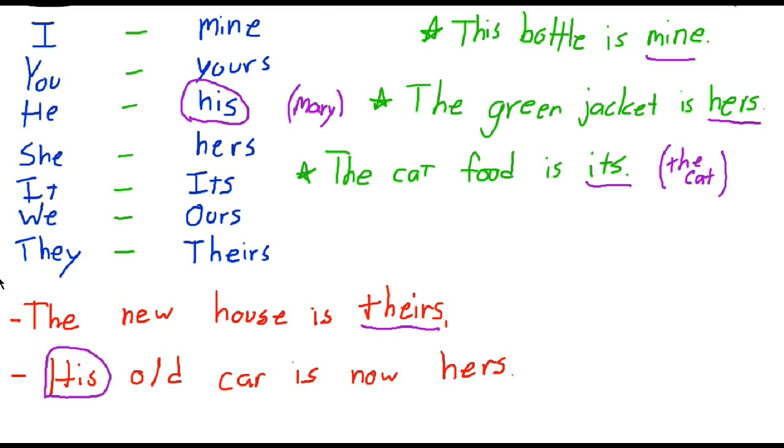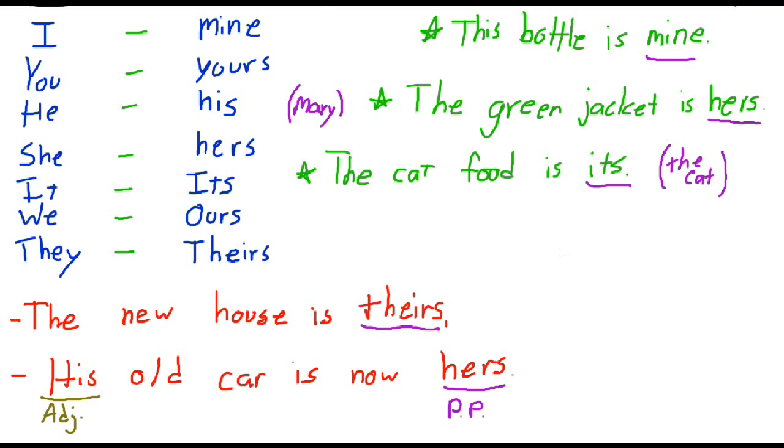Let me change the colors here. I'll write ADJ, adjective. Hers is the possessive pronoun, so I'll put PP, possessive pronoun. So we have two here: a possessive adjective and a possessive pronoun. And we see how the car changes hands. At first, it was his car, but now the car is hers.